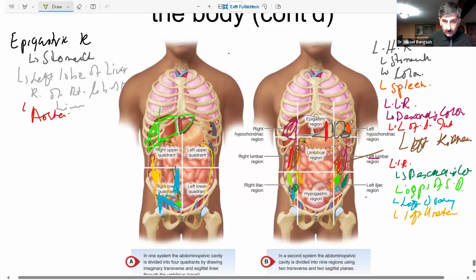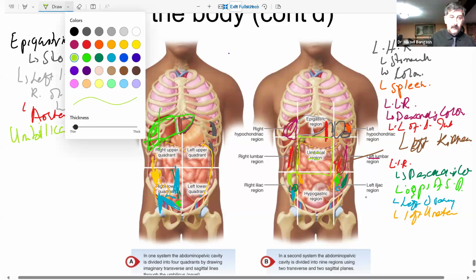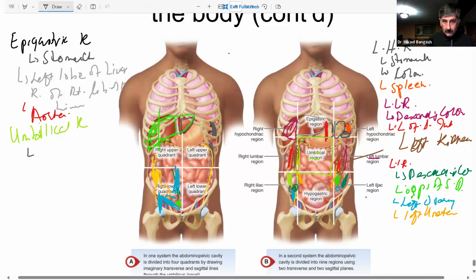Is going to be your umbilical region. This region. Now, what do we find in the umbilical region? We can say stomach, that's visible.